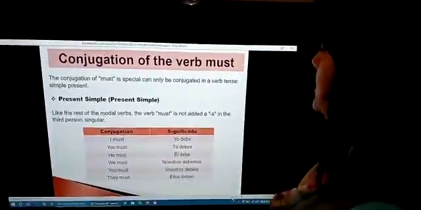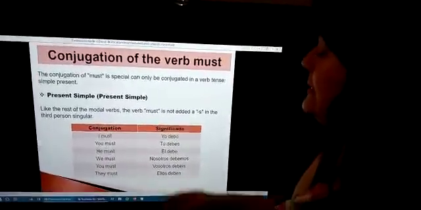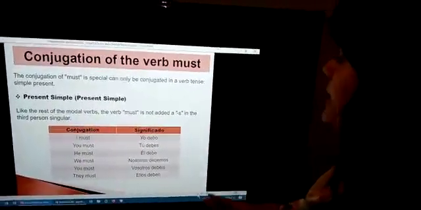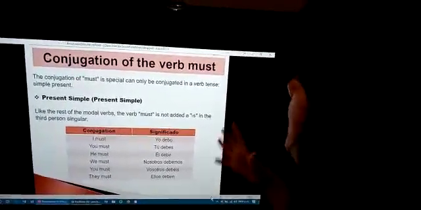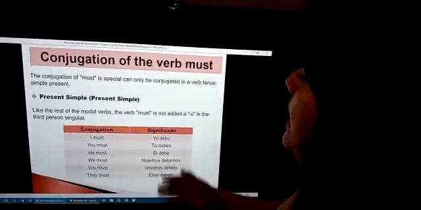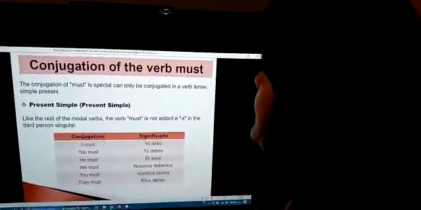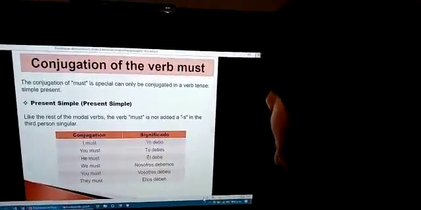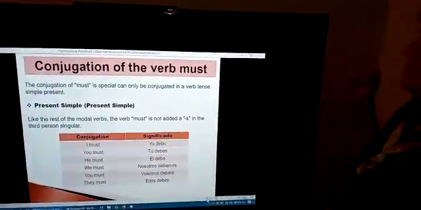You must, vosotros debéis. And they must, ellos deben. See? This is the conjugation of the verb must, using the pronouns. This is the present simple. Next.